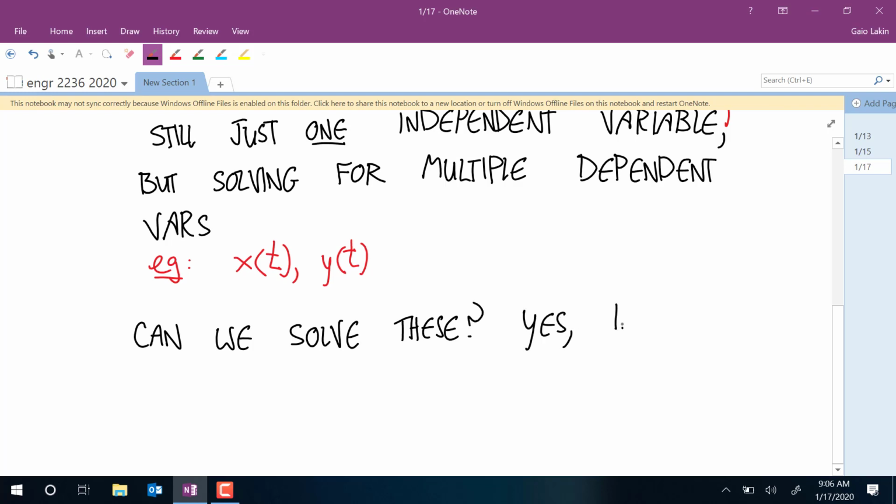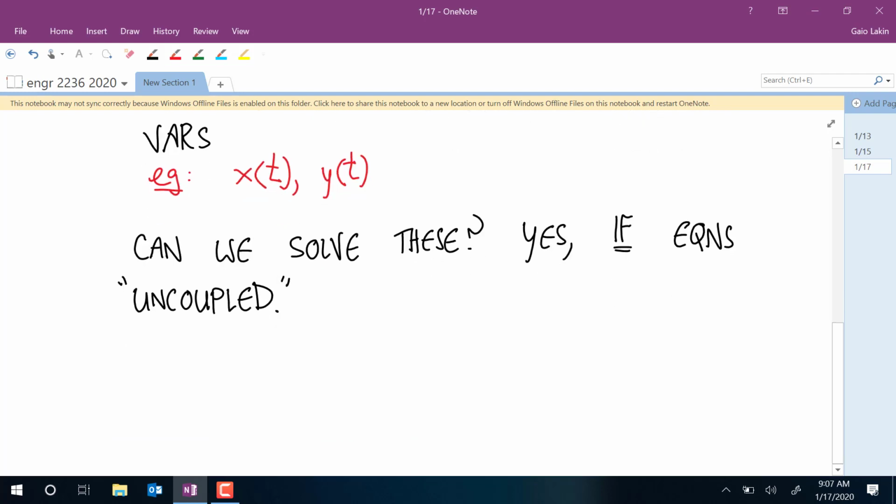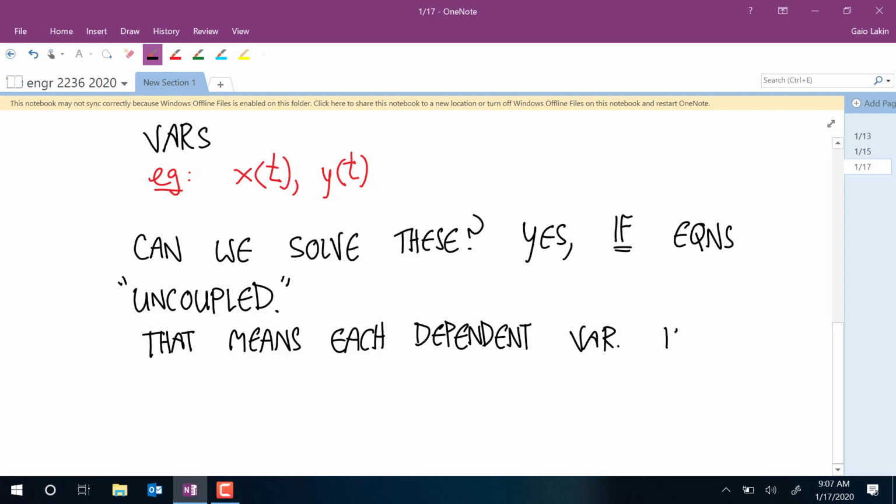Yes, if the equations are uncoupled. That means each dependent variable is confined to its own equation.